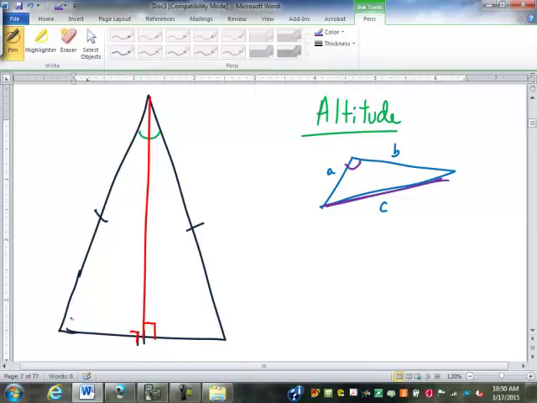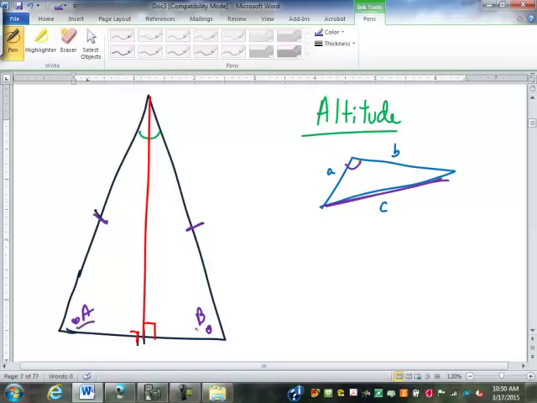So here, which of these two angles would be bigger, A or B? They're exactly the same. Why? Their opposite sides are exactly the same. If one of them were bigger than the other, then its opposite side would have to be bigger. But since those opposite sides are the same, the angles have to be the same.